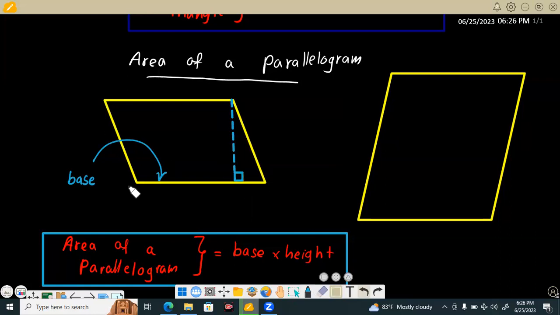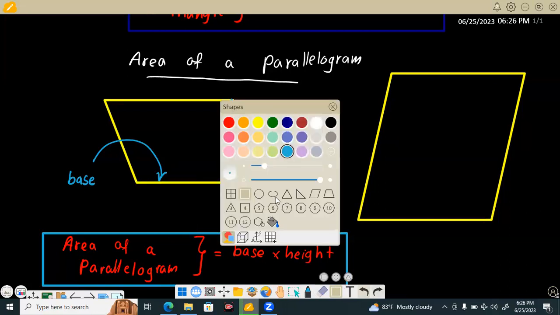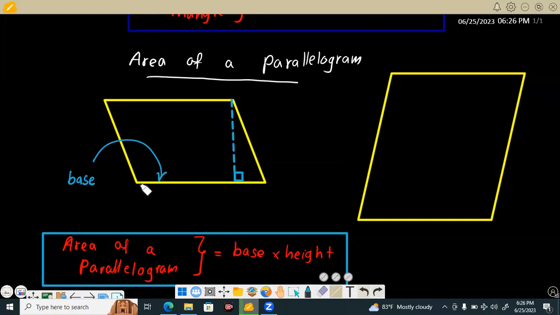Yes. This can also be considered. In this case, there is something to think about. Look here. To obtain the perpendicular height, you have to produce this side up to this one. Then you can draw a perpendicular like this. Now this is called the altitude.